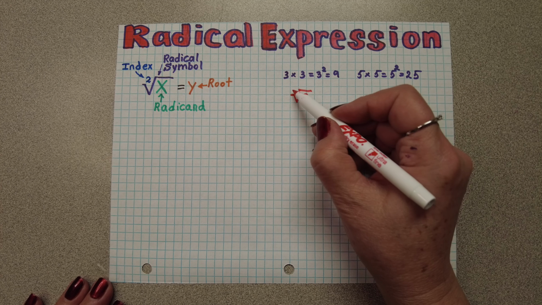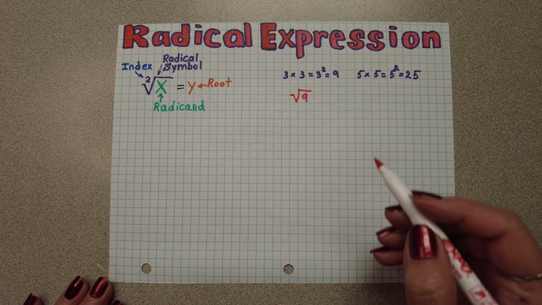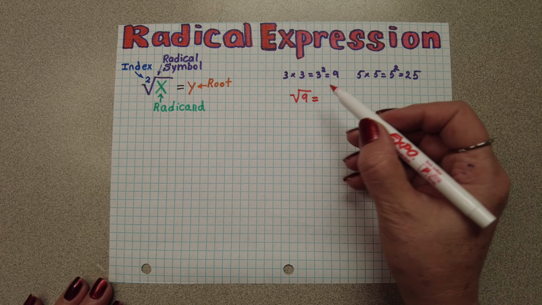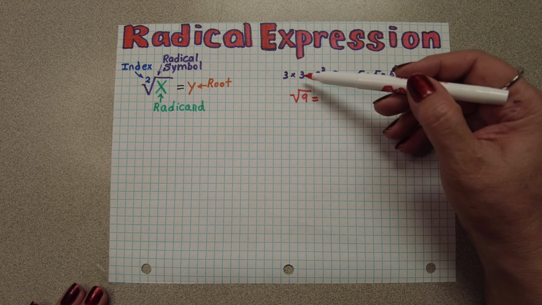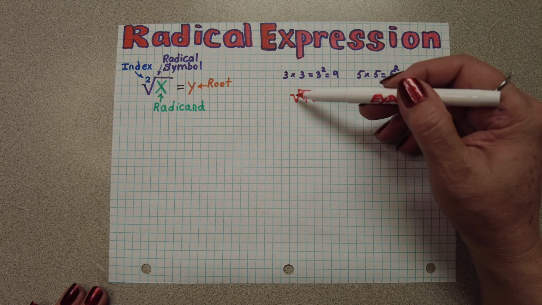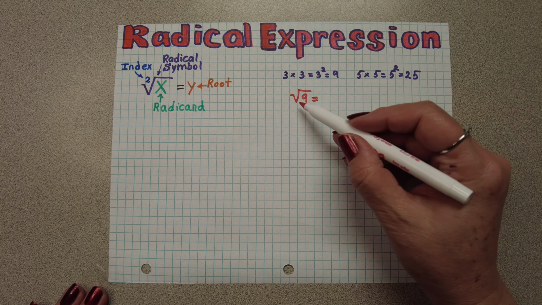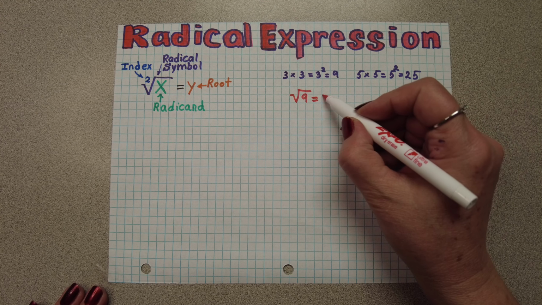Usually when you see nothing written for the index, we already know this is a square root. So square root of 9 equals, let's see which number was multiplied by itself, and we got 9. That was 3. So square root of 9 equals 3.